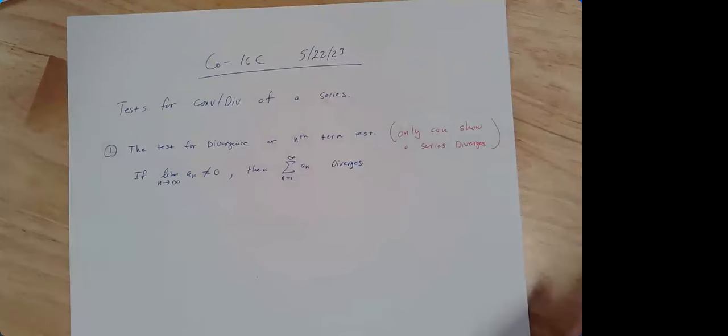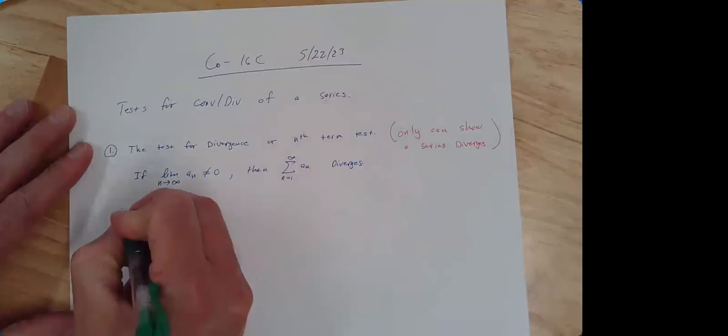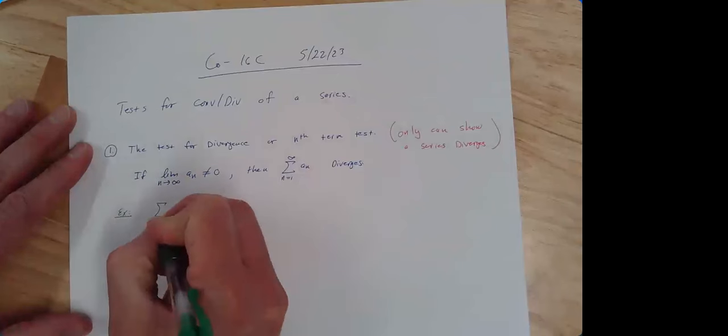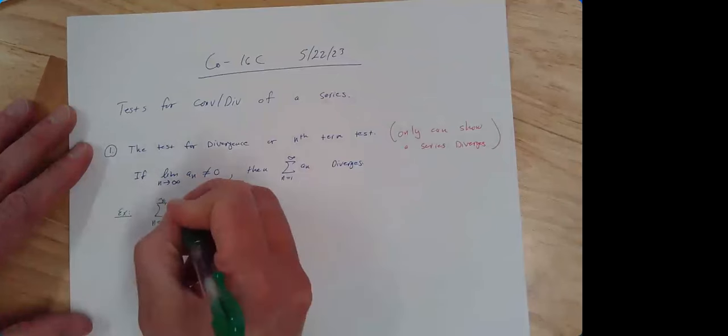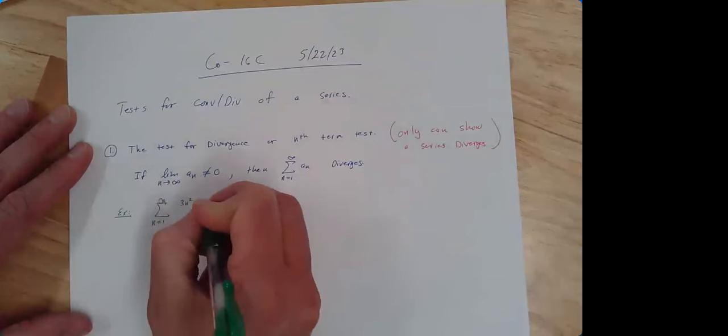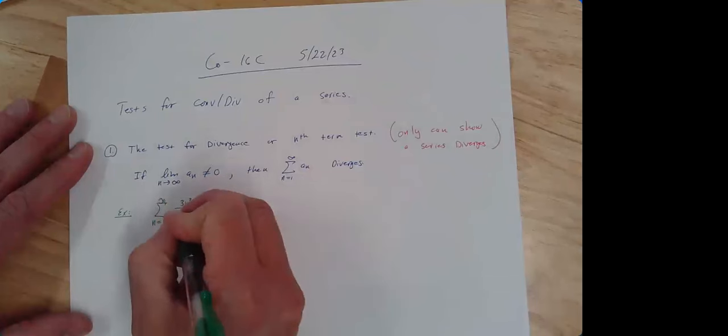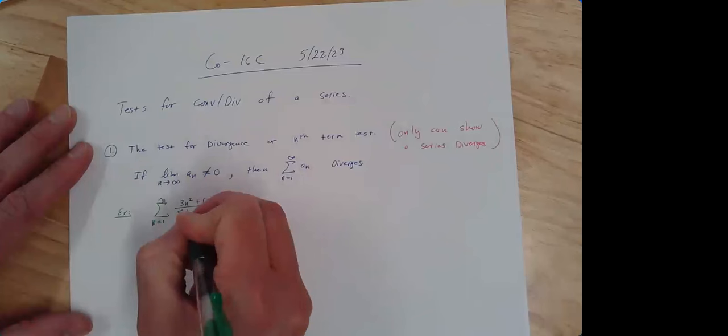For example, the sum from n equals 1 to infinity of 3n squared plus (-1)^n over 5n squared plus 4n.